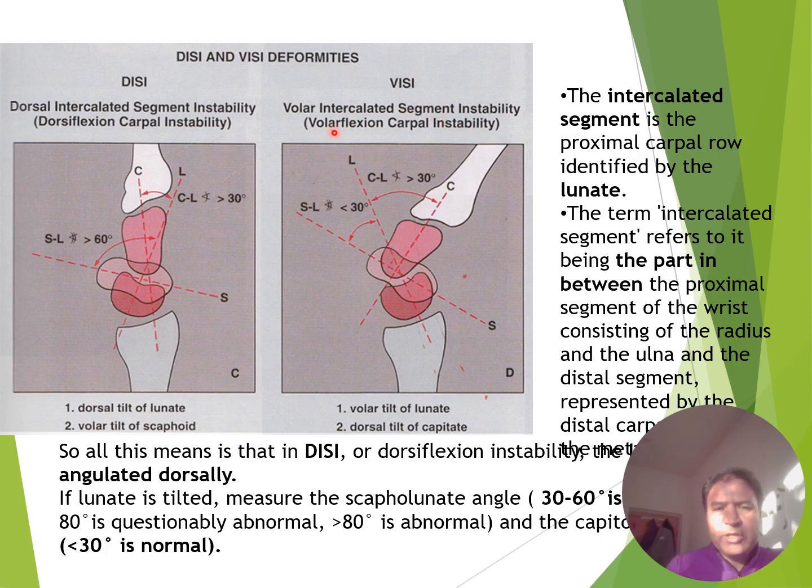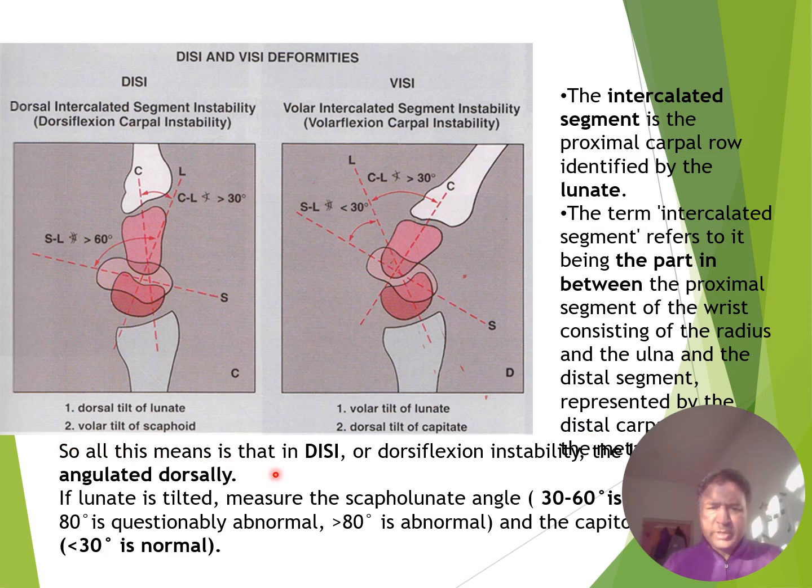And then we have VISI, volar intercalated segment instability, volar flexion carpal instability. The intercalated segment is the proximal carpal row. The term intercalated segment refers to it being the part in between the proximal segment of the wrist, consisting of the radius and the ulna, and the distal segment represented by the distal carpal row.